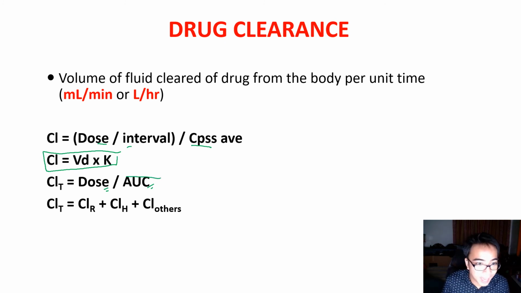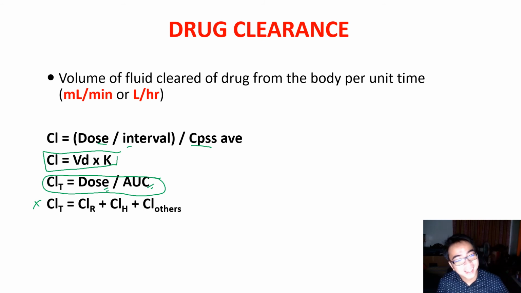Alright? Yan. Bilugan natin. Okay? And then, of course, total body clearance, usually don't ask for this na. Okay? Pero just in case, at least alam nyo na. Okay? Clearance via the renal, hepatic, and others. Now, class, the units for drug clearance, please take note, is always a unit of volume over time. So, it can either be ml per minute or liter per hour. That's drug clearance.